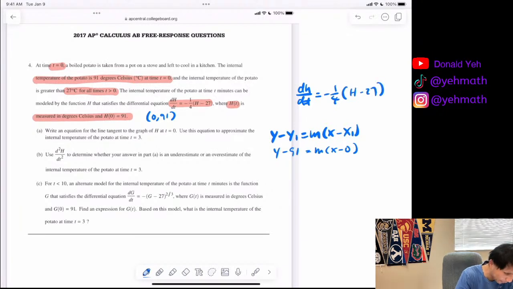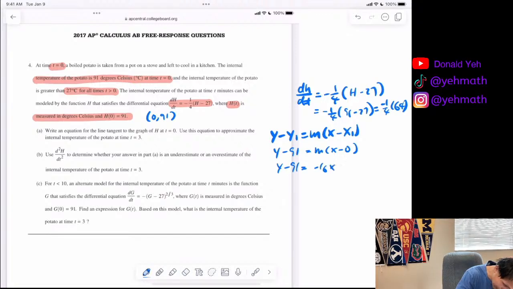What is h? 91, so it'll be negative 1/4 times 91 minus 27. 91 minus 27 is 64, so negative 1/4 times 64 is negative 16. So y minus 91 equals negative 16x, so y equals negative 16x plus 91. Am I doing okay?